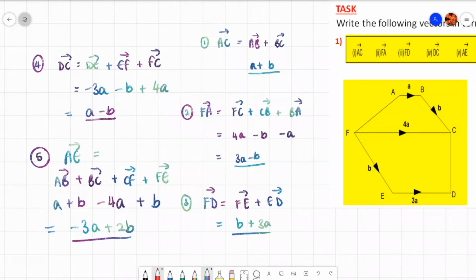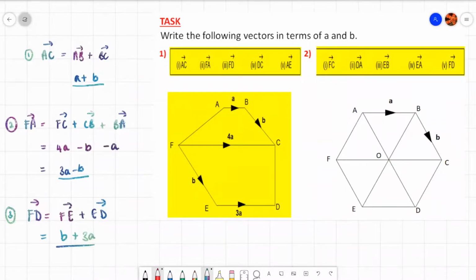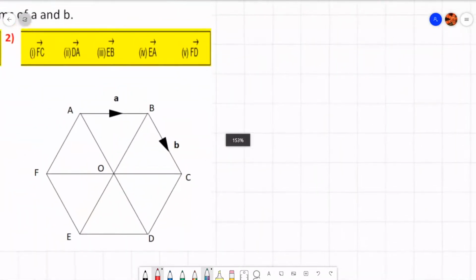Okay, let's have a look at another one here. Question number 2. This time round, number 1, we want to look at F to C. We've got a hexagon here, a regular hexagon. What you need to know about a regular hexagon is that the sides will be the same.